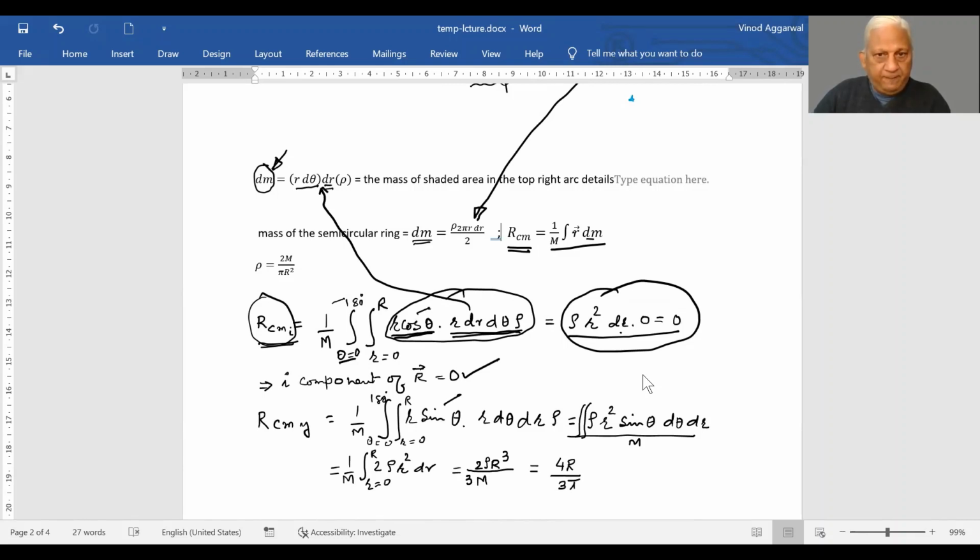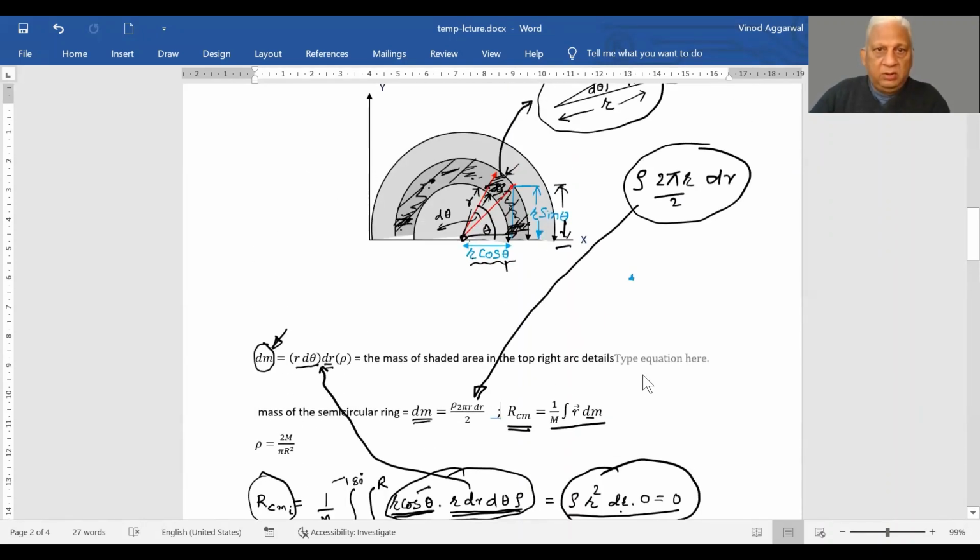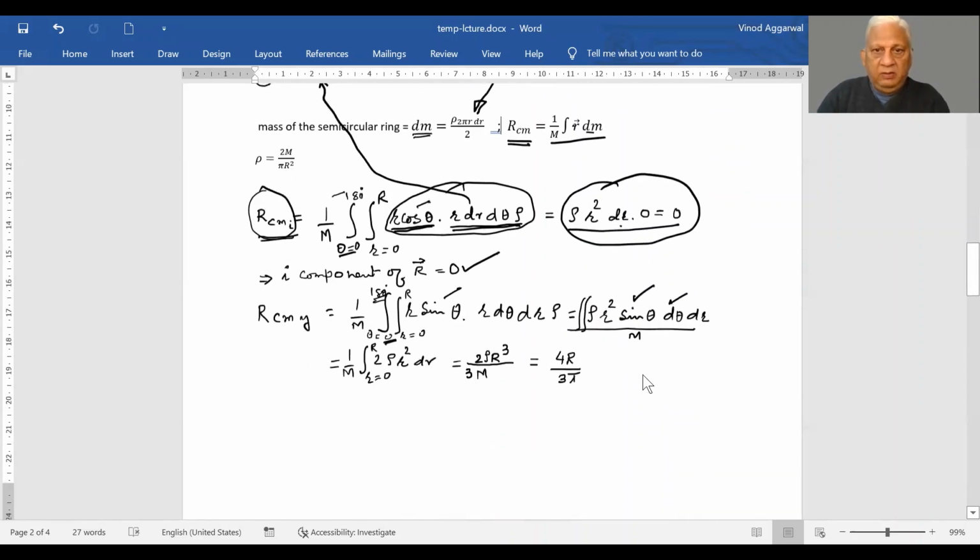Everything else remains the same. And if we simplify, this becomes this much. If we integrate this theta over 0 to 180 degrees, because our theta starts from here and goes all the way up to 180 degrees, our integration over theta becomes this much.